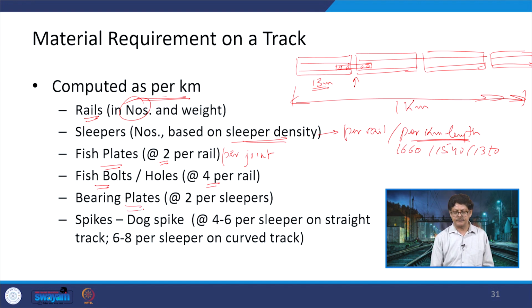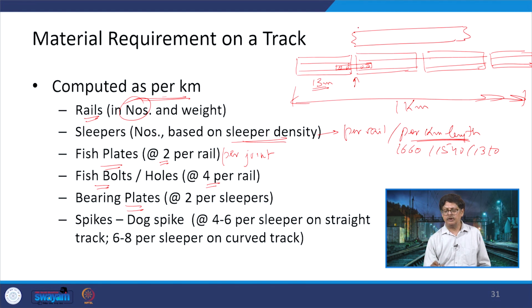The bearing plates. You have a sleeper, and on top of that the rail is seated. So, the bearing plate is at this point, which means 2 per sleeper are required.